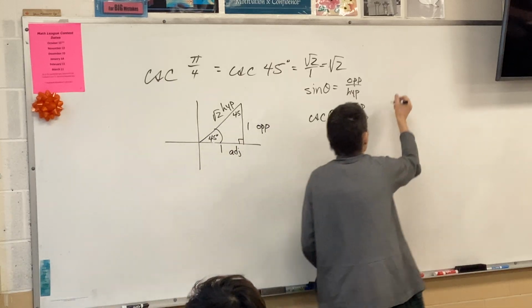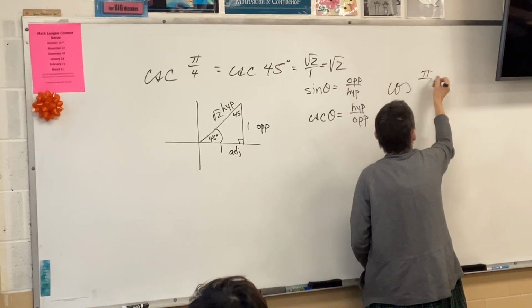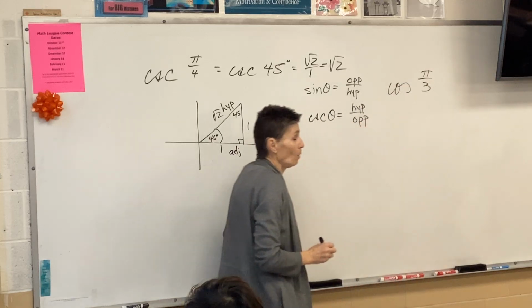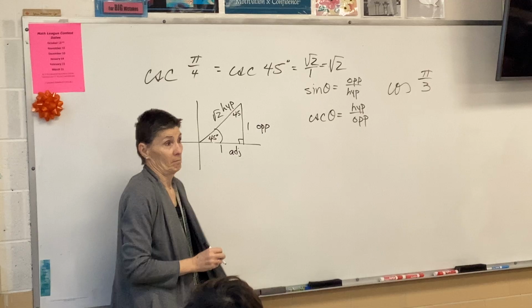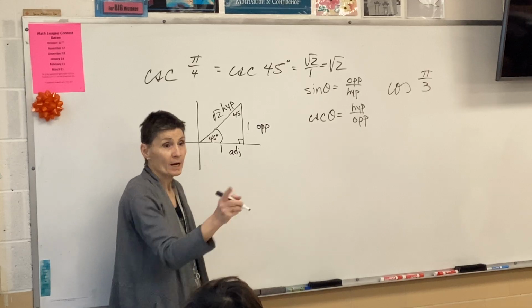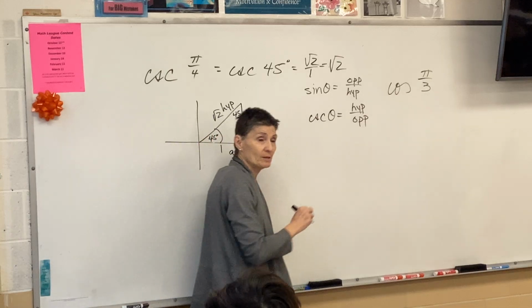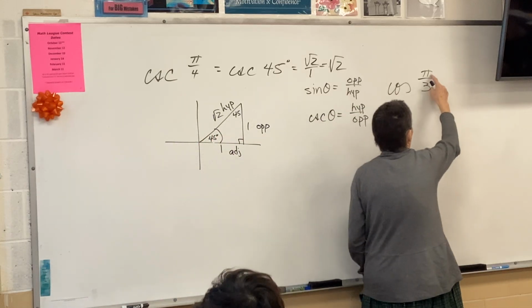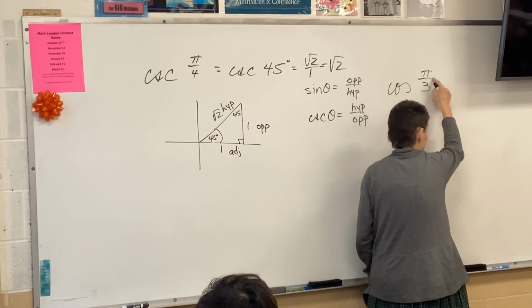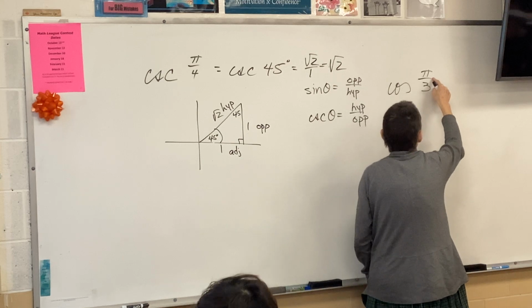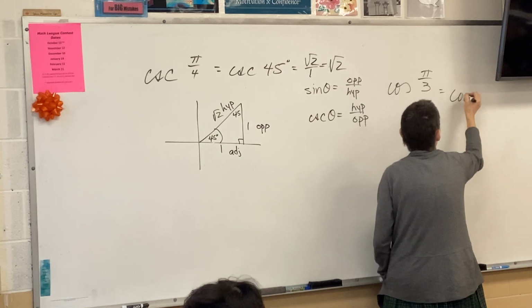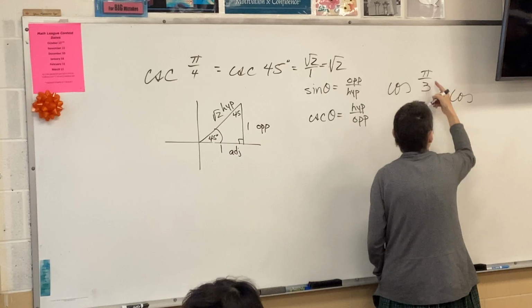One more. Cosine pi over 3. Step 1, who remembers? Change my angle into degrees. And how do I do that? I remember pi radians is 180. So this is going to be the cosine of 60.